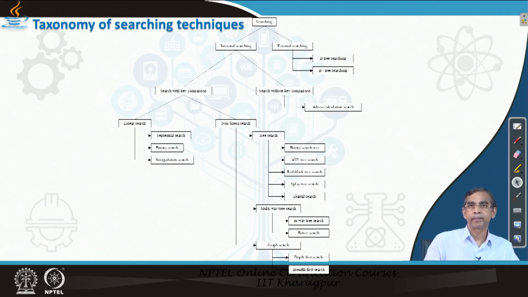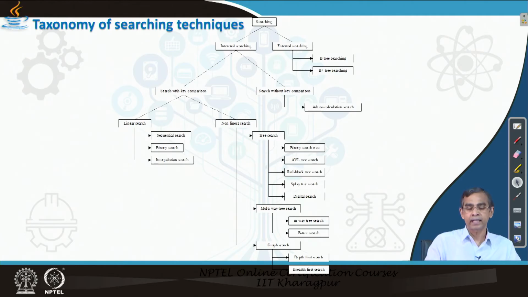On the other hand, internal searching is when data is first loaded into your computer memory and then you apply search algorithms. In this course, we will limit our discussion to only internal searching techniques, because external searching needs a different treatment which is beyond the scope of this course.